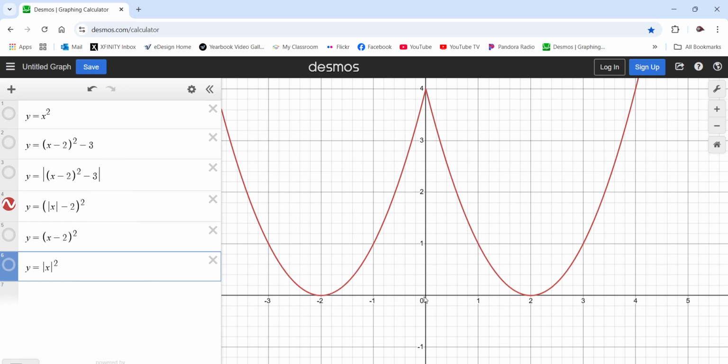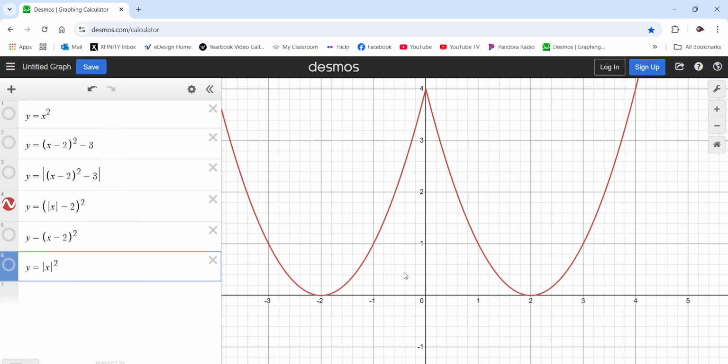Let's put a 0 in for this. If I put a 0, 0 minus 2 is negative 2 squared is positive 4. So you got a point up right here. Okay? Again, look, you got a squared, so you know you're going to have a parabola shape to it. All right, so these are some of my key points. So I got a 1, 1, I got a 0, 4, and the other side's going to look identical.